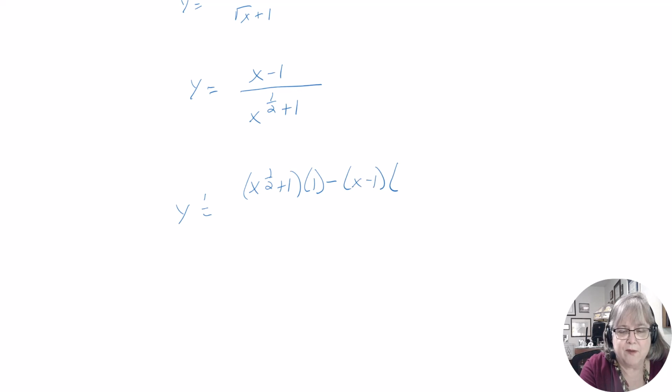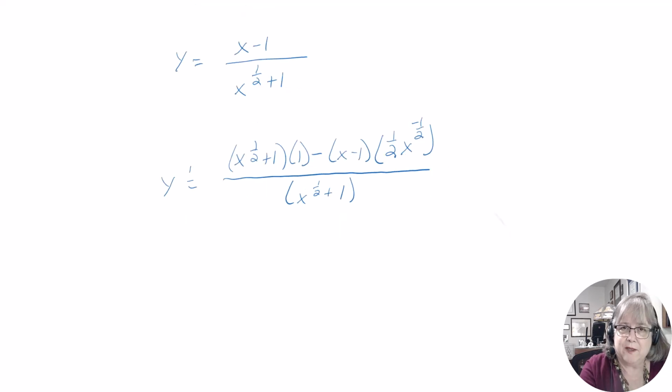And the derivative of x to the 1/2 is 1/2 x. Take 1 off the power, and the derivative of 1 is 0. So it looks like this, all over x to the 1/2 plus 1.